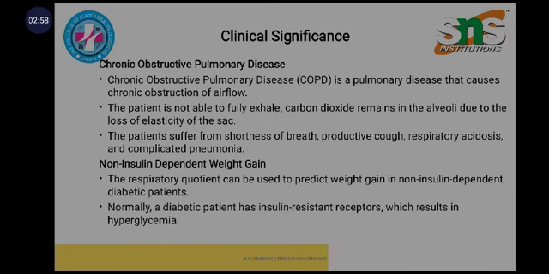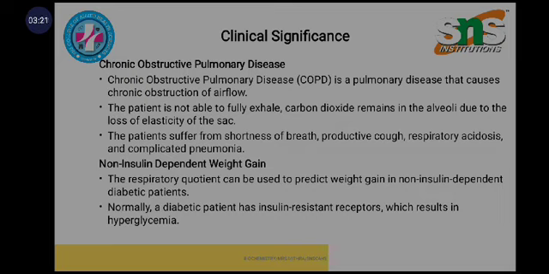Coming to the clinical significance, there are mainly two. First, chronic obstructive pulmonary disease, that is COPD. This is a pulmonary disease that causes chronic obstruction of airflow. The patient is not able to fully exhale, so the carbon dioxide remains in the alveoli.